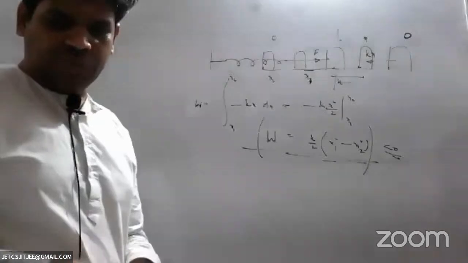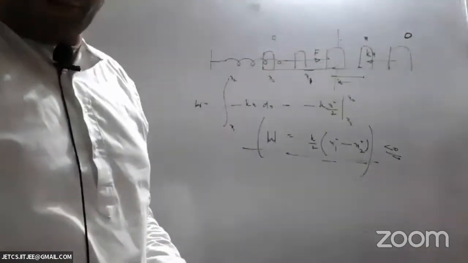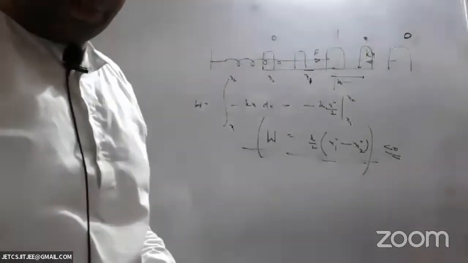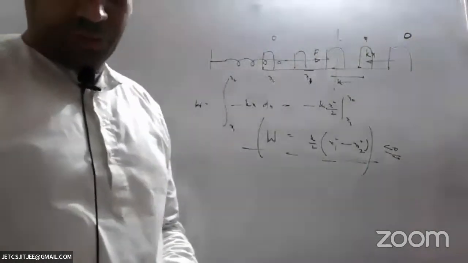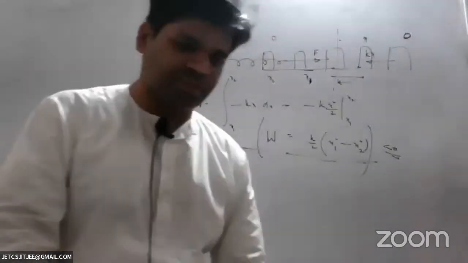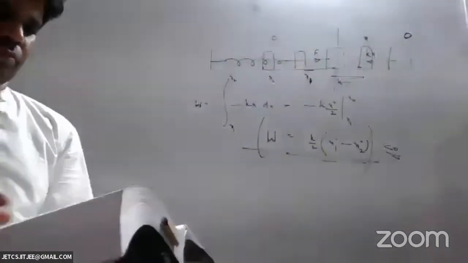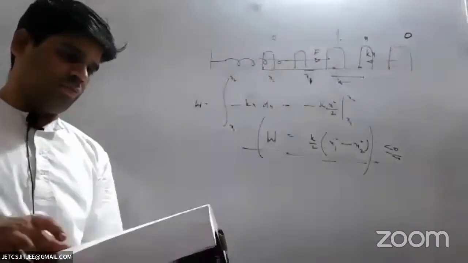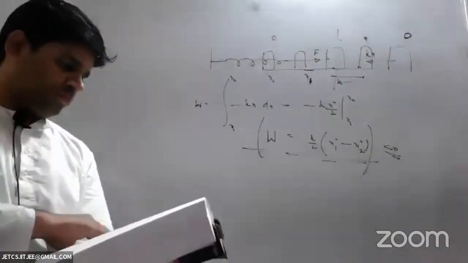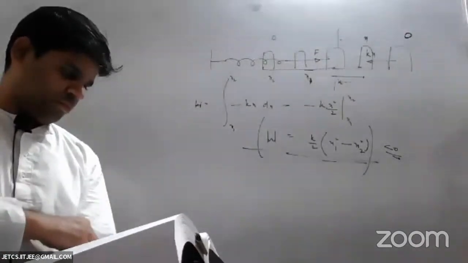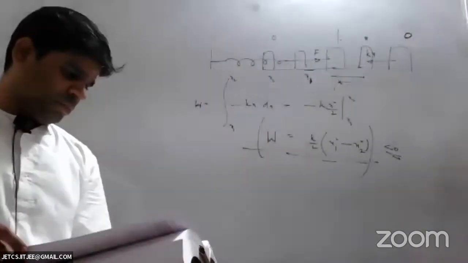All right. So next class I want you to read something and come. Read the work energy theorem and come. It is called the work kinetic energy theorem. I'll tell you the page numbers otherwise. Sir, theorem means change in kinetic energy is work, is that the theorem?